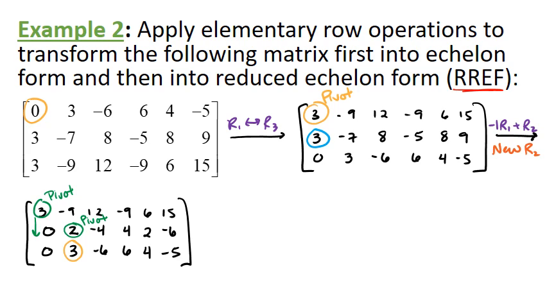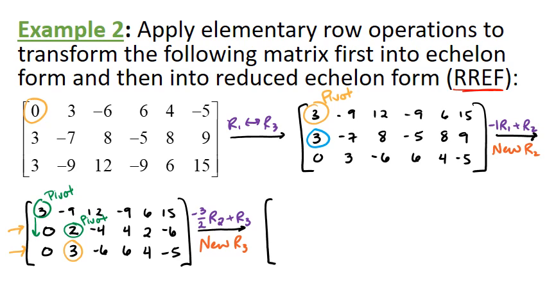So I need to think about what I can do to make that a 0. I'm going to do something with row 2, add it to row 3 to become the new row 3. So think about for a moment what you would need to do to make that entry a 0. Hopefully you came up with taking -3/2 times row 2 and adding it to row 3 to get the new row 3.